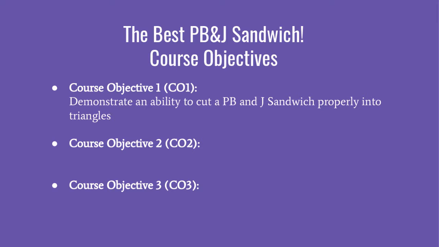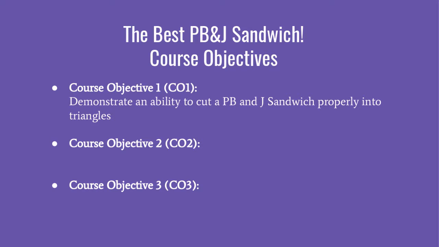So with that one, we could pull up something like define, recall the proper way, something like that, or describe. And that would be another good course objective. So it's good to vary the verbs so that you get a good distinction between the course objectives, so you cover a lot more items.